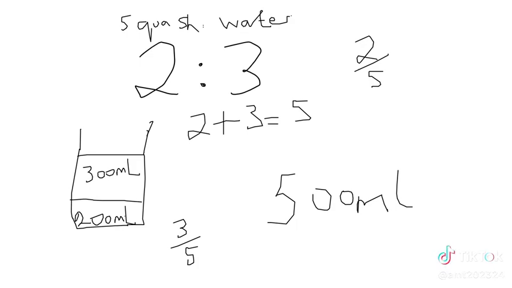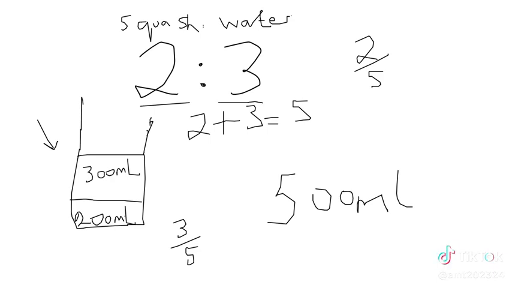In this context, 2/5 of my jug or cup of drink is squash, and 3/5 of it is water. And vice versa, 3/5 of my drink is water, and 2/5 of my drink is squash. So this is what I mean by a ratio.